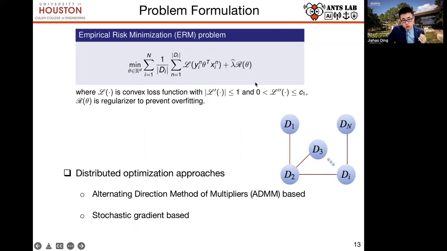Commonly, there are two different types of approaches to solve this problem in a distributed way. One is the alternating direction method of multipliers, ADMM-based. The other one is stochastic gradient based. Our first work is based on ADMM.